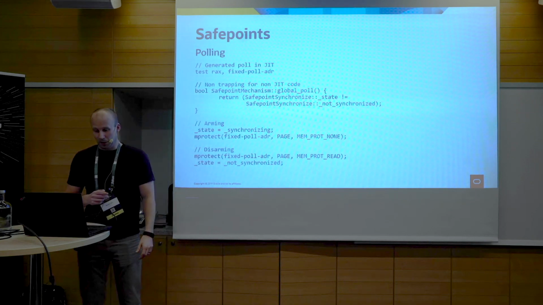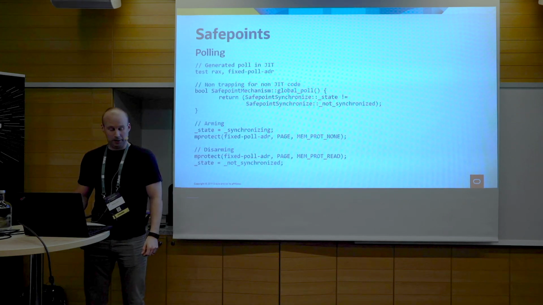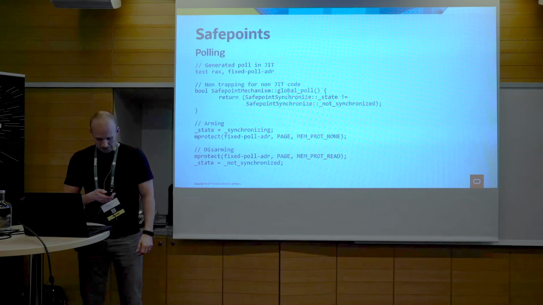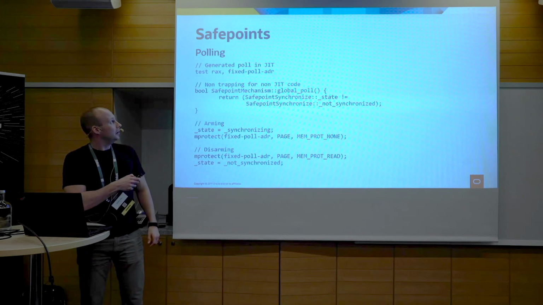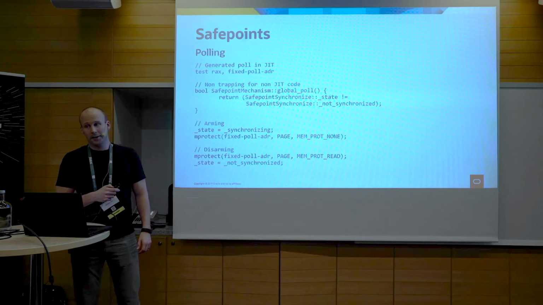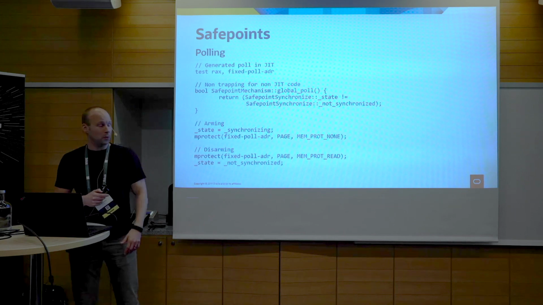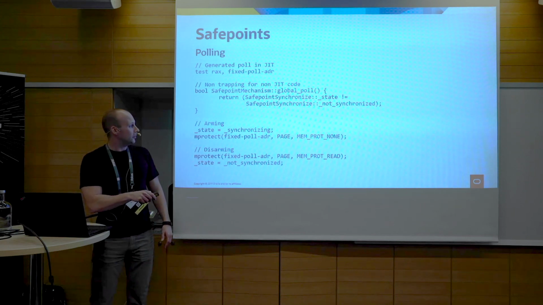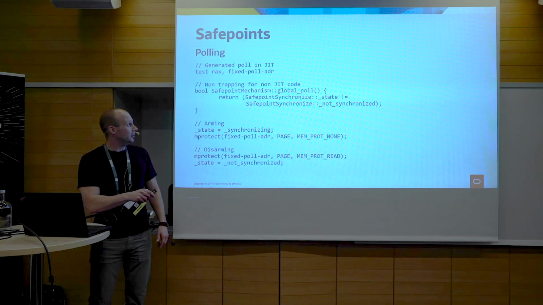So here is how the old global poll looks like. So we just test this fixed address. Either it works, or we have set the memory protection, and we end up in the signal handler.